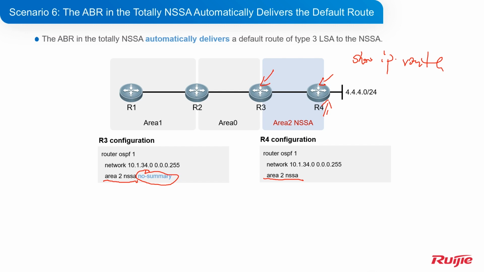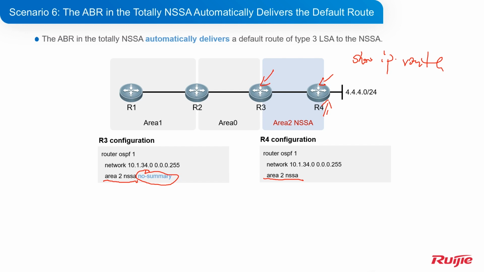But besides these, we also have another special area, the NSSA area. For the NSSA area, we have to deliver the default route manually, because the NSSA area can't generate the default route automatically. We can also use the command to modify the metric value for the default route. So this is the special area handling for the default route.